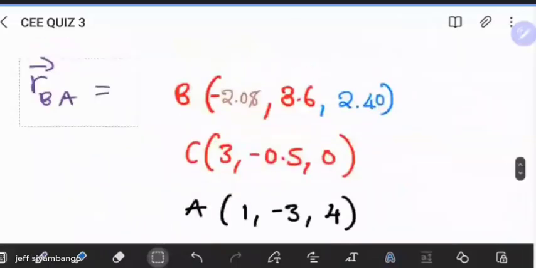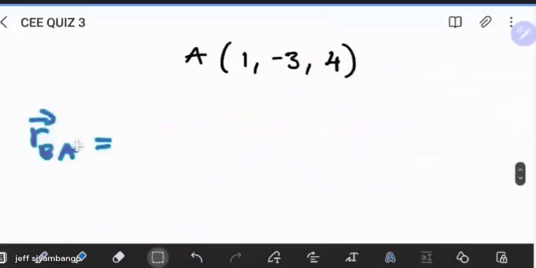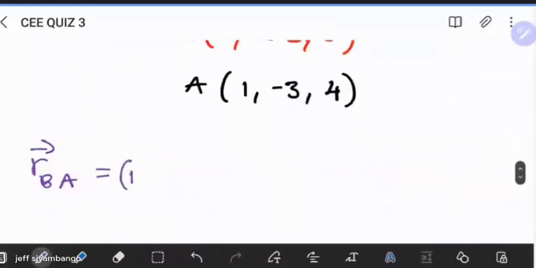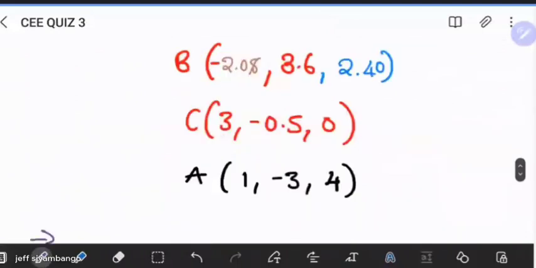Okay, so with those figured out, now let's start with RBA. So BA, I'll start with A. So final is A, so it would be 1 minus B. I almost wrote the values from C, but it's B, don't forget. And the first value for B has a negative, which will make this a plus.